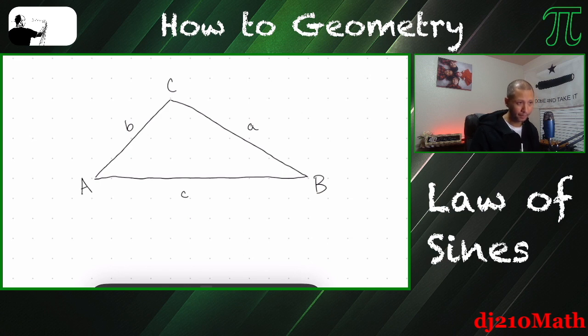And specifically, a relationship between the angle and the side opposite of it. Right, there's a very particular relationship between the sine of A and the length a. In fact, the relationship is as follows.